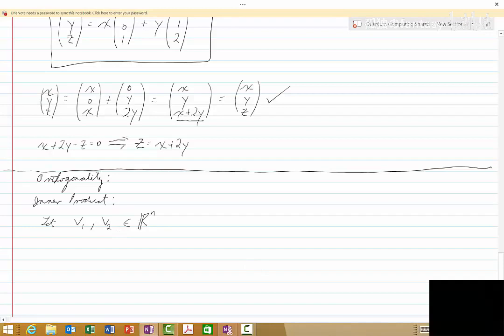And what this means is that each one is a vector with n real components.